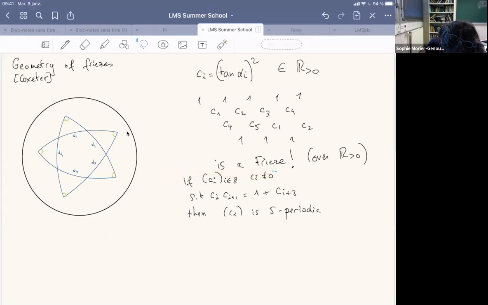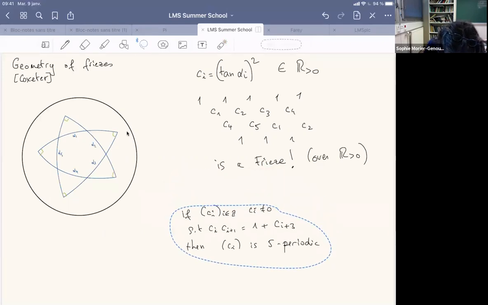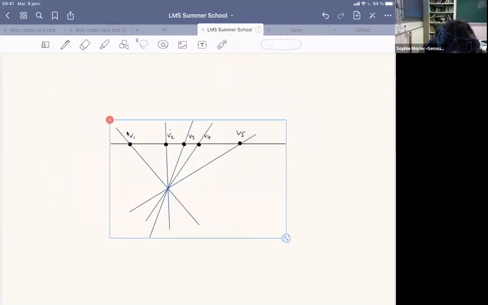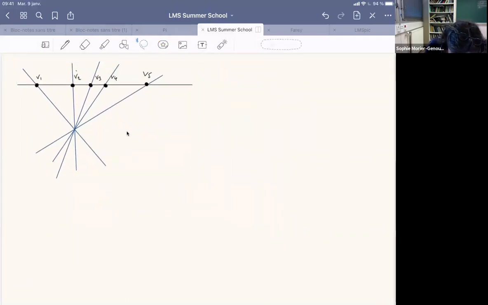Maybe I move this. Okay, so the second picture I want to show is the following. So this picture is a choice of points on P1. So this time I can also work over C, for instance.